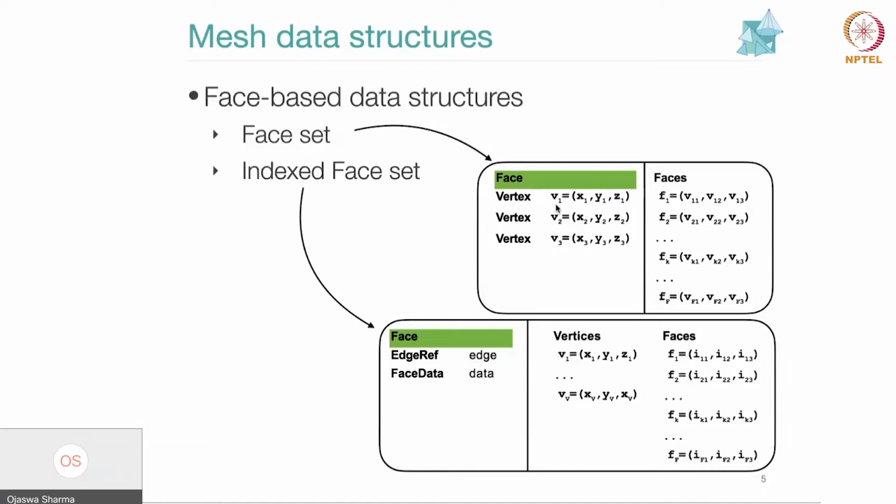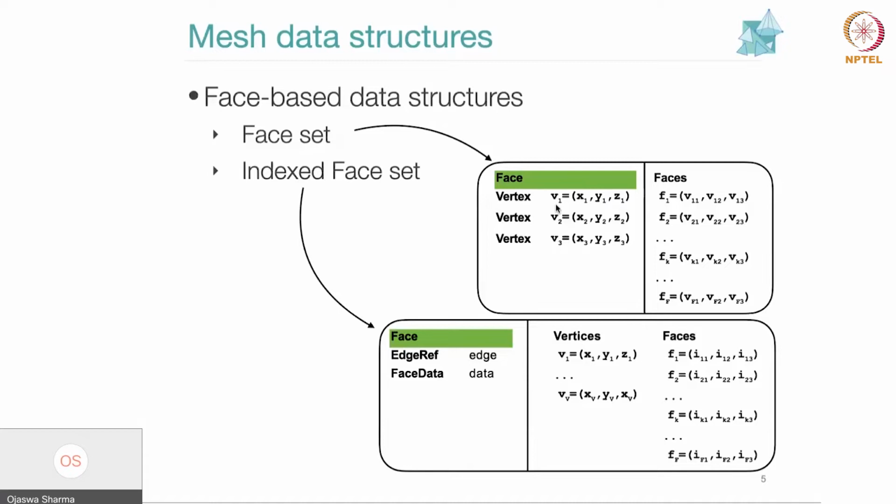Known as a triangle soup, right? So you have a collection of faces. It's a triangle heap or soup, and there is no connectivity information. And unfortunately, it is also difficult to create connectivity information out of it.